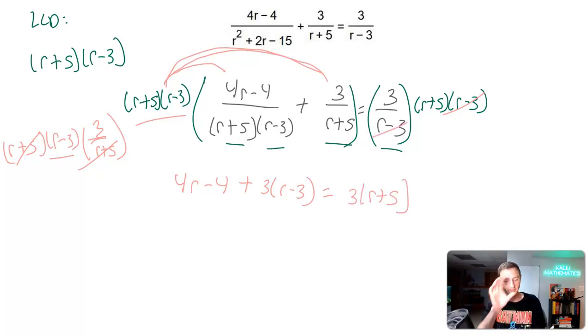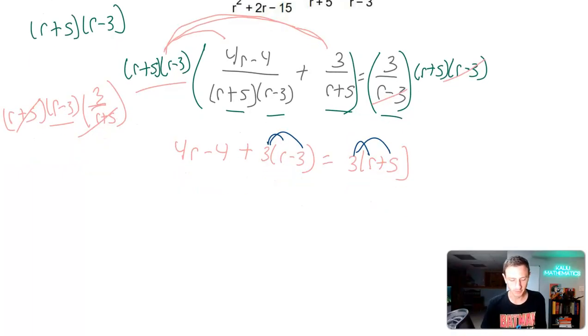The whole goal for that step is to get rid of the denominators. And if it doesn't happen, then you did something wrong. You forgot a term somewhere, but the denominators should completely cancel out, and you should not be left with any denominators. Now we have to distribute.